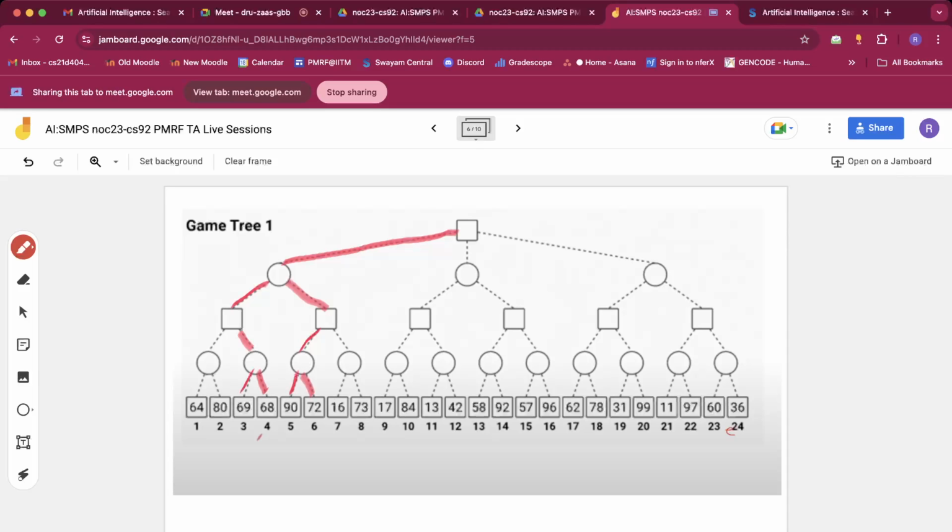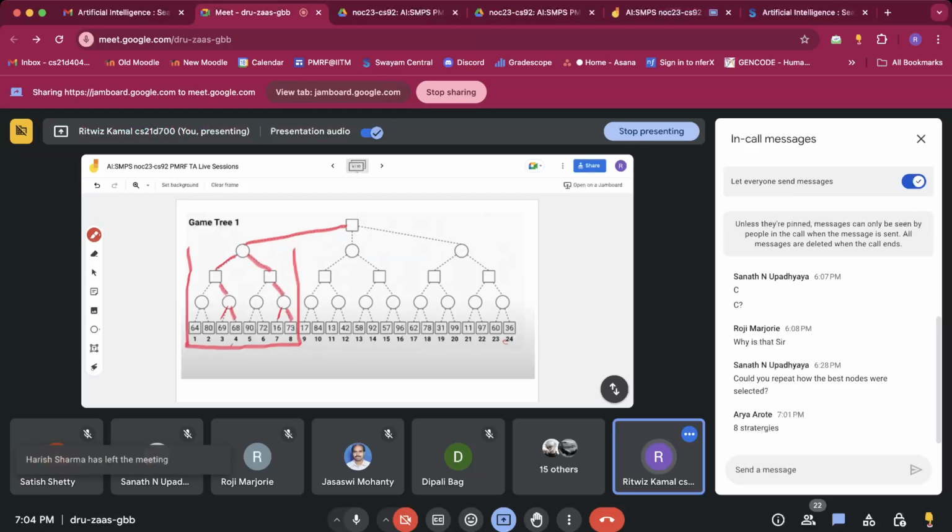This is also a different strategy. Or another strategy could have been if we had selected this one instead, right? So for this subtree alone, just for this part of the game tree, how many strategies did we encounter?